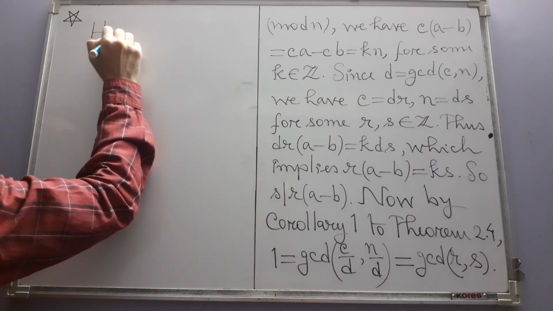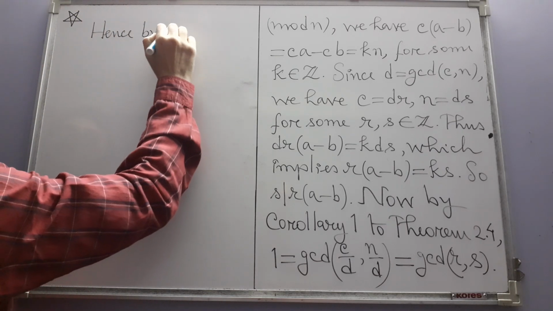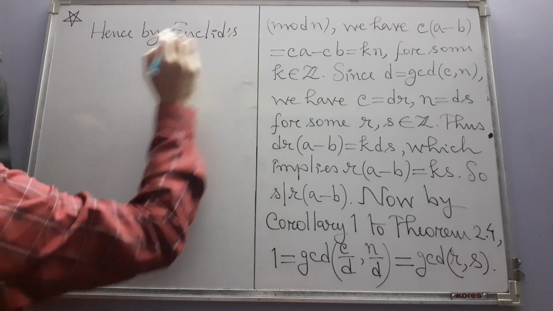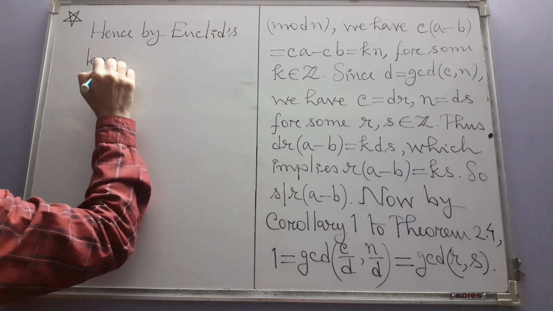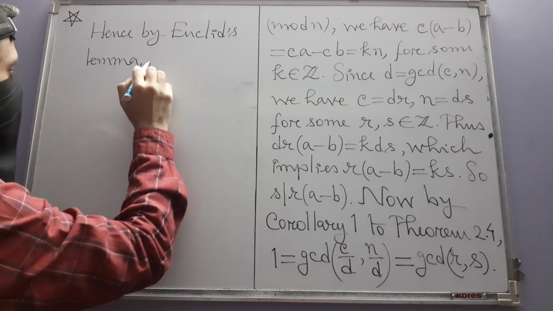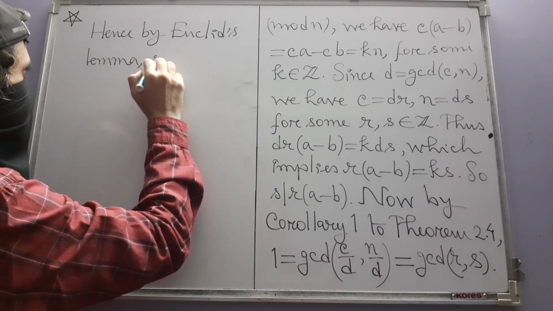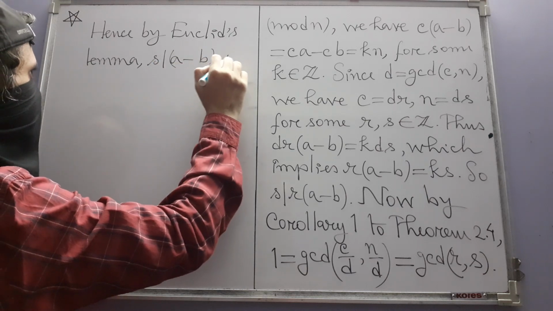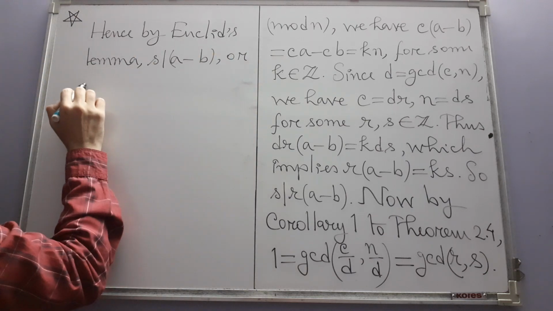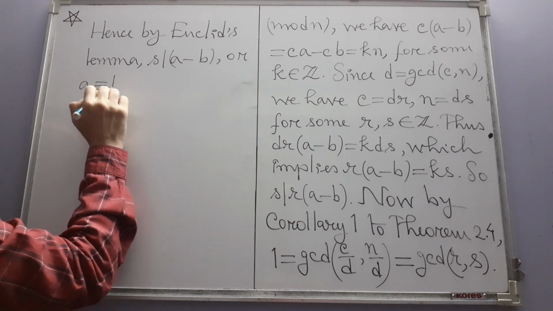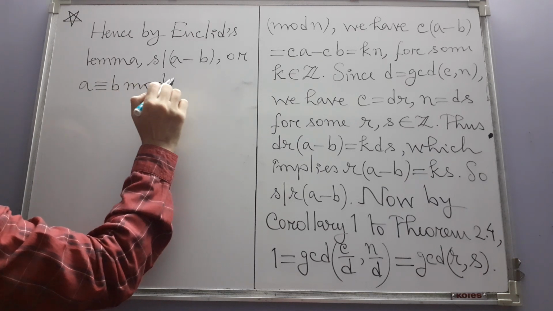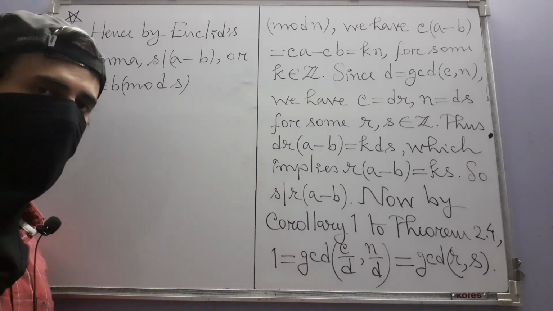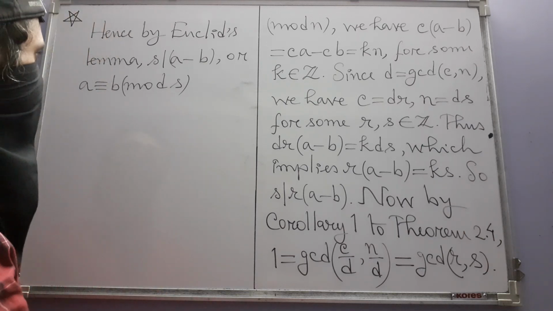Hence, by Euclid's lemma, S divides A minus B, or A is congruent to B mod S. But again, never take anything for granted or lightly.